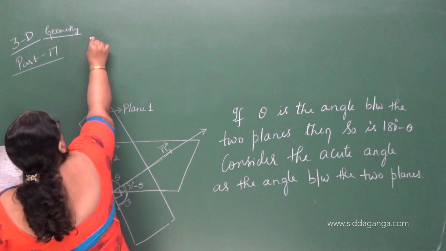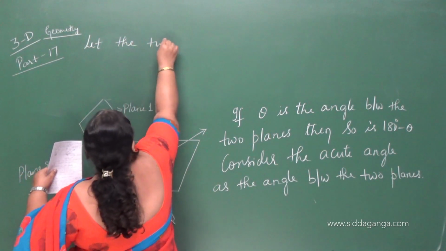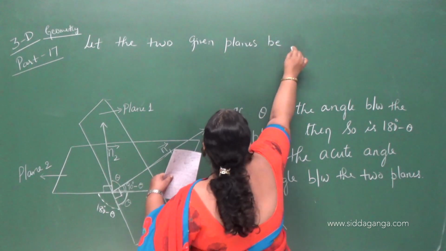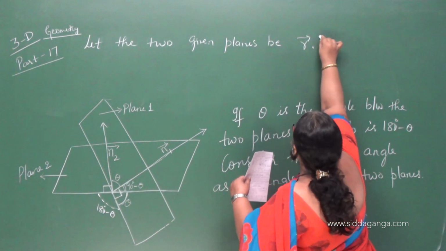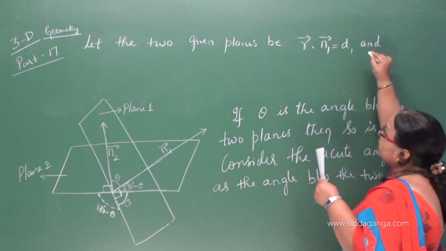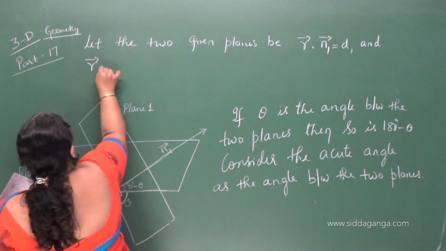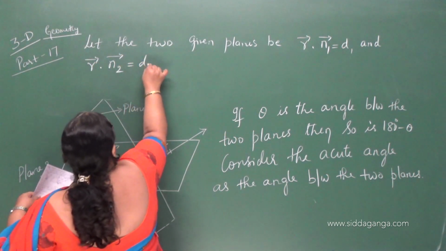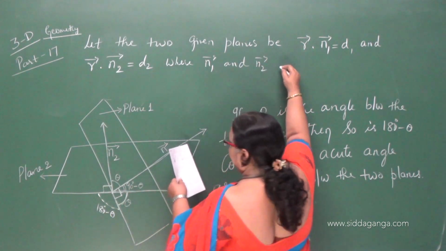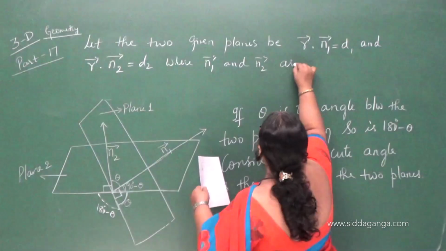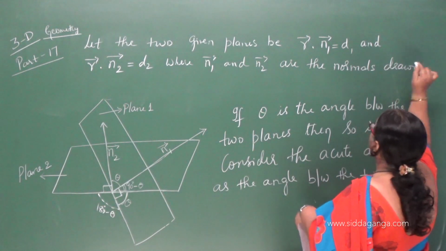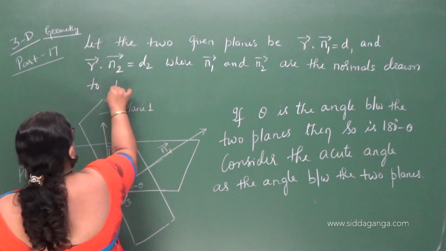Let the two given planes be vector r dot vector n1 equal to d1, and you take another plane as vector r dot n2 vector equal to d2, where n1 vector and n2 vector are the normals drawn to the planes.